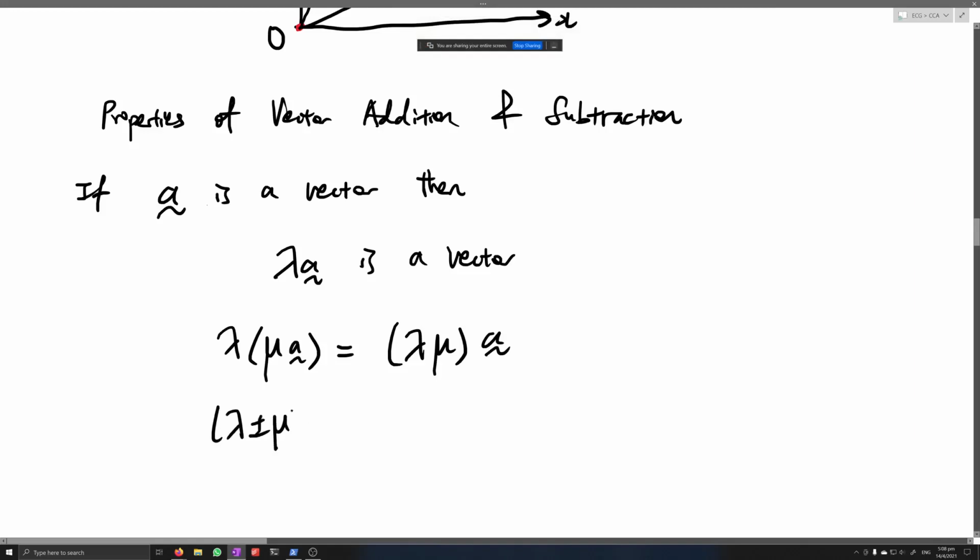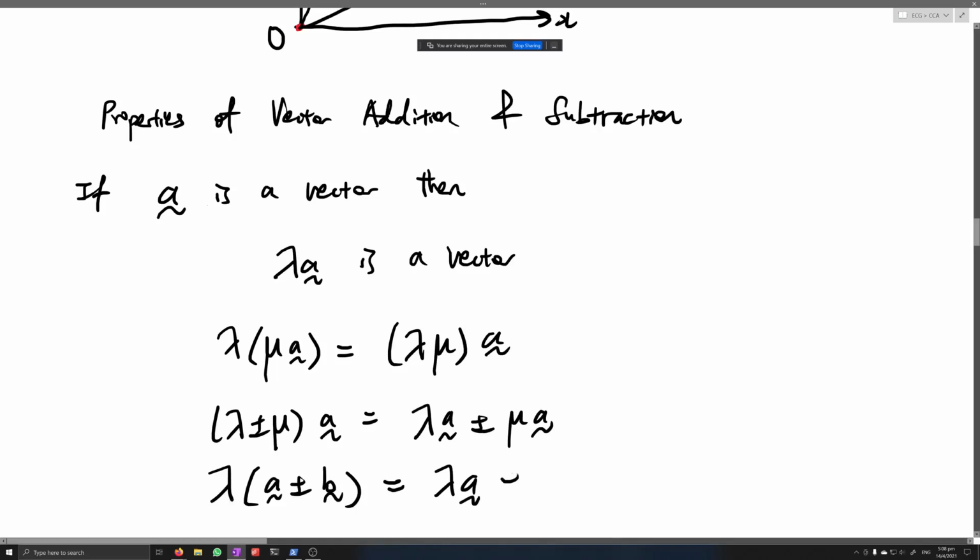Lambda plus minus mu of A is equal to lambda A plus minus mu of A, and lambda of A plus minus B is equal to lambda A plus minus lambda B.